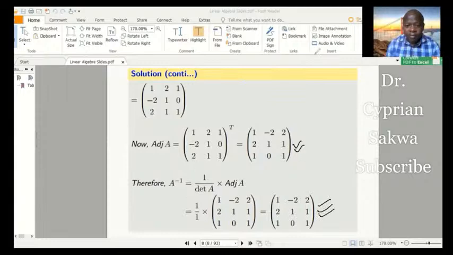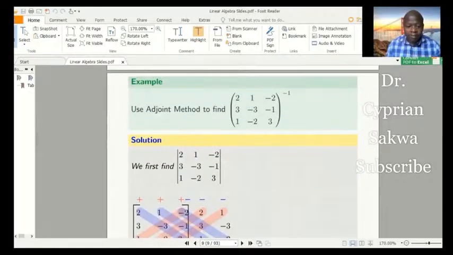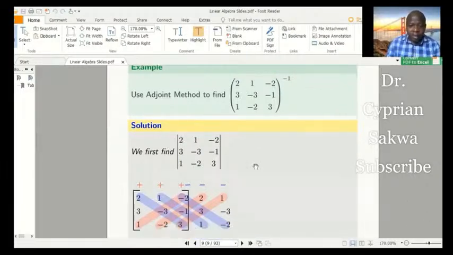Let's look at another example to make our working clear. So here is the question. The question says, use the adjoint method to find the inverse of this matrix. Remember, power -1 means inverse. Again, I've chosen the method that I said will be easier for a 3x3 matrix to find the determinant.